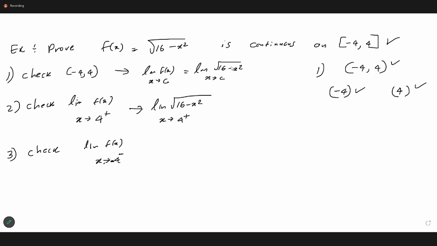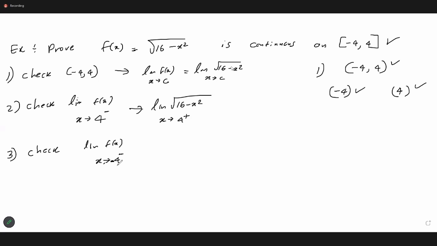Is there any mistake? Yes, we have to check the limit of f(x) when x approaches 4 from the negative way. I have written many. We have to check this one first.